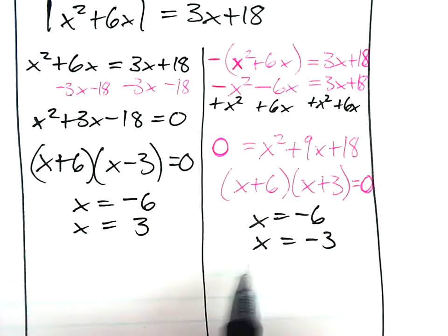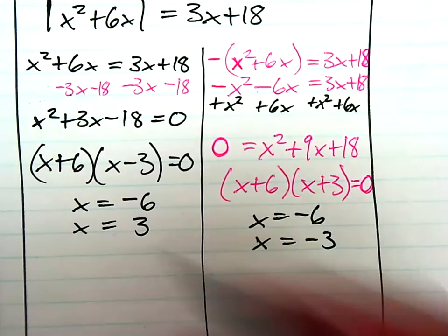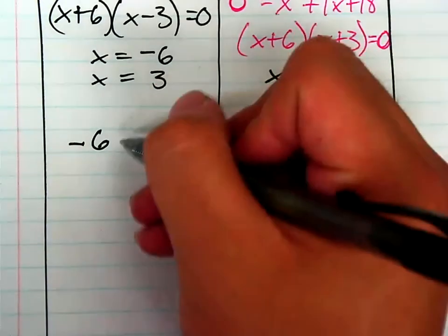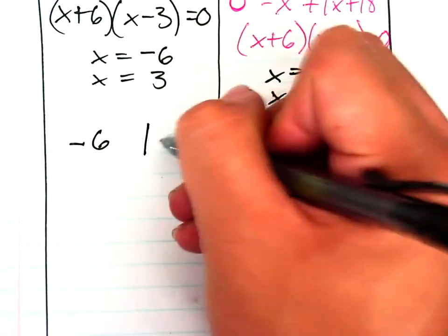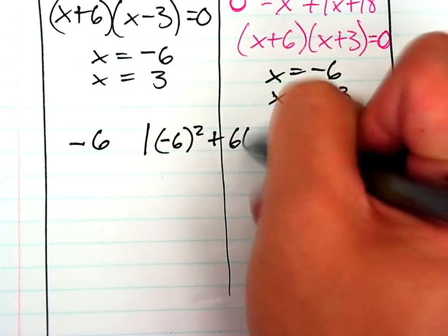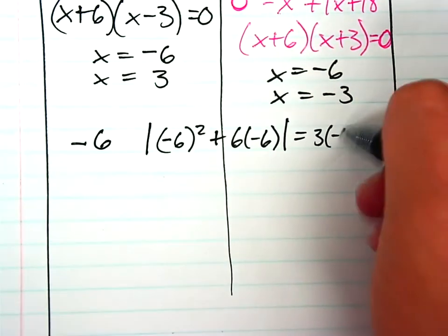However, the thing that we have to check for here are the extraneous solutions. In absolute value type problems, we have to actually plug it back into the original problem to see if each one works. So let's go ahead and check for negative 6. Negative 6 plugged into the original one, so we have the absolute value of negative 6 squared plus 6 times negative 6, and then 3 times negative 6 plus 18.